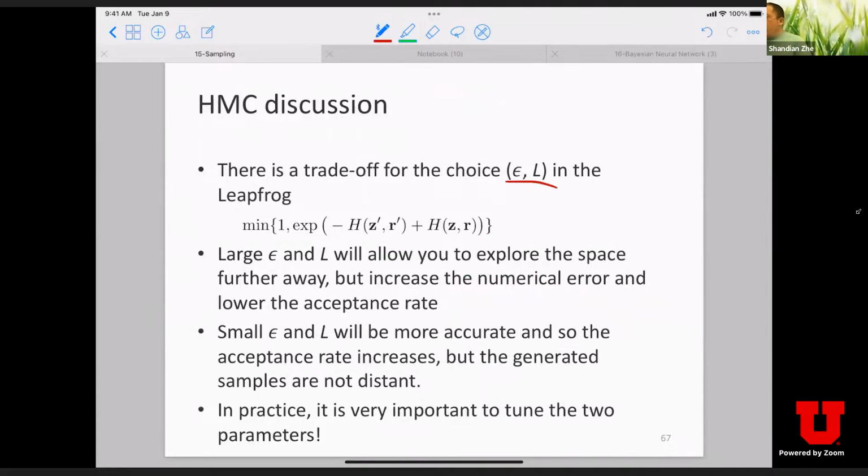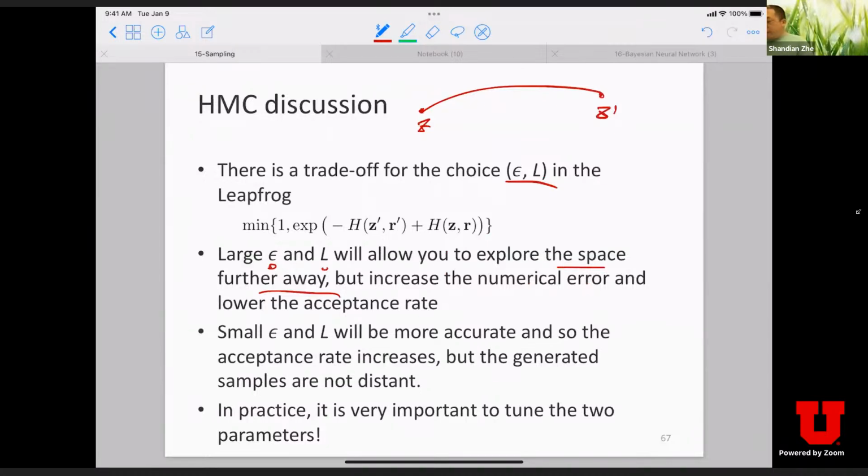As to the choice of epsilon and L, there's a trade-off. If you use a large step size and a large number of time steps, it will allow you to explore the space further away. That means you can evolve your z from here to very far from zero. But then it accumulates more numerical error, which lowers the acceptance rate.